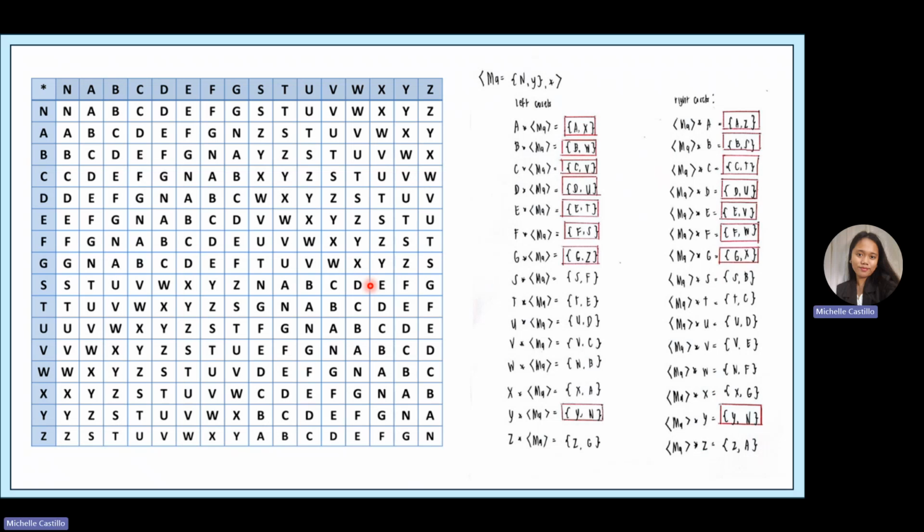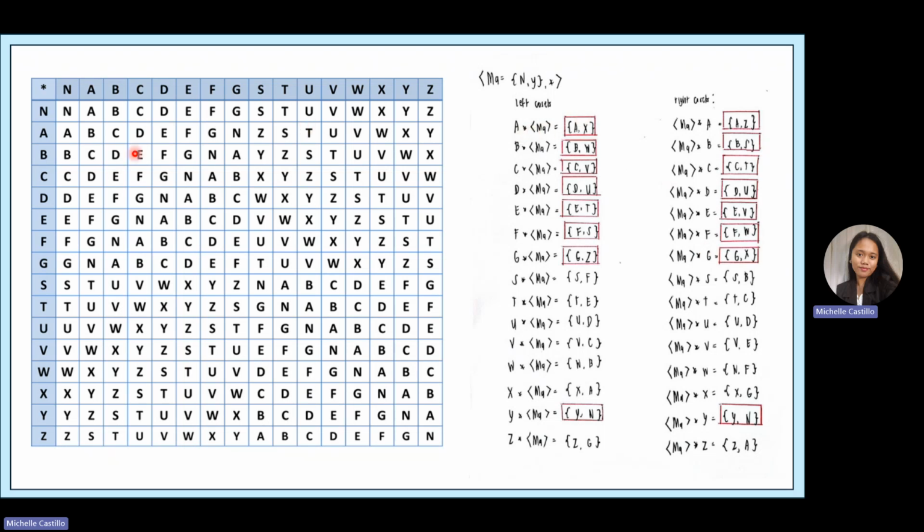Then we have M sub 9 is equal to the set of N and Y under the binary operation star. So for the left coset, we will get this when we operate the elements of the group to the subgroup. Then for the right cosets, we will get this when we operate the subgroup to the elements of the group.